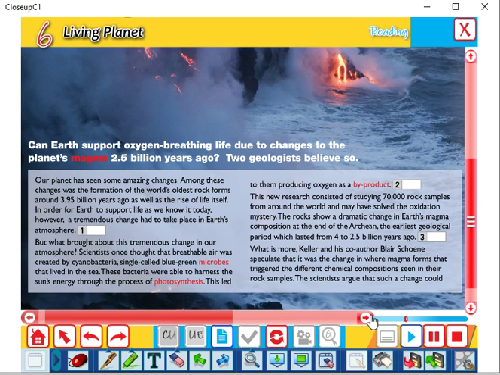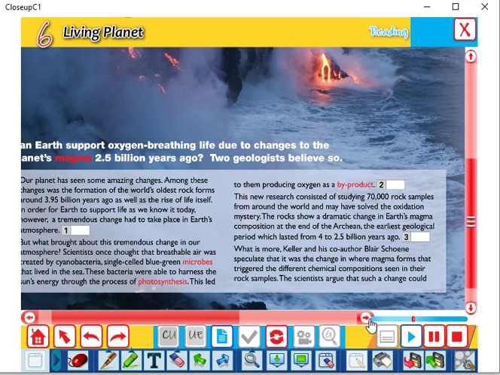This new research consisted of studying 70,000 rock samples from around the world and may have solved the oxidation mystery. The rocks show a dramatic change in Earth's magma composition at the end of the Archean, the earliest geological period, which lasted from 4 to 2.5 billion years ago.